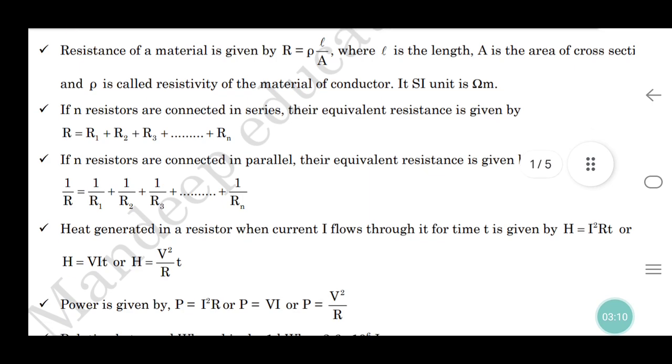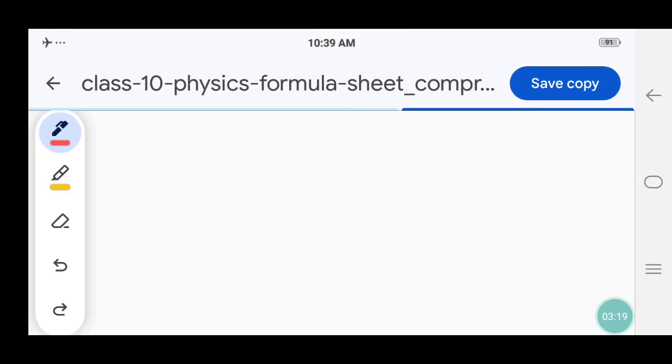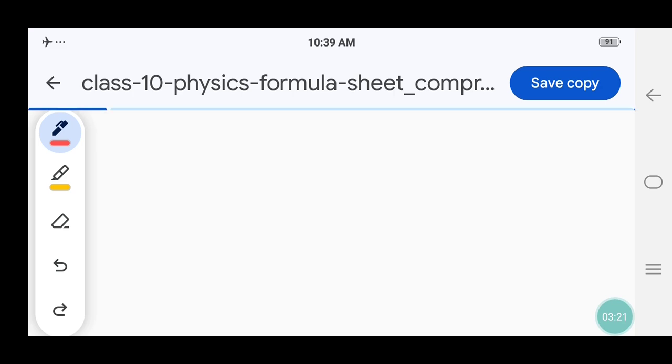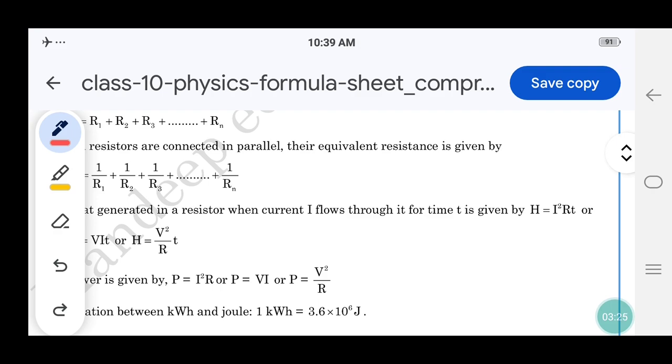Okay, very important. Resistors connected in series means our total resistance is equal to R1 plus R2 plus R3 up to Rn.